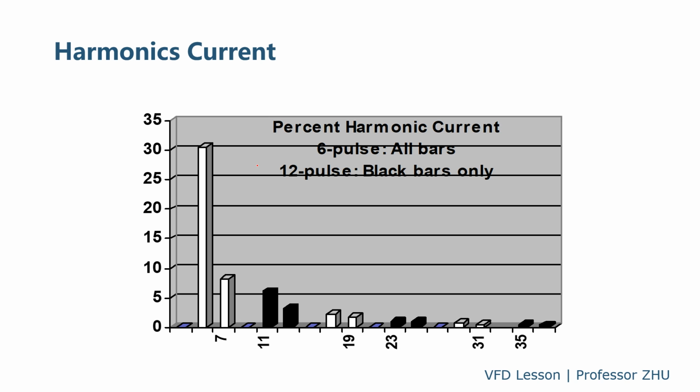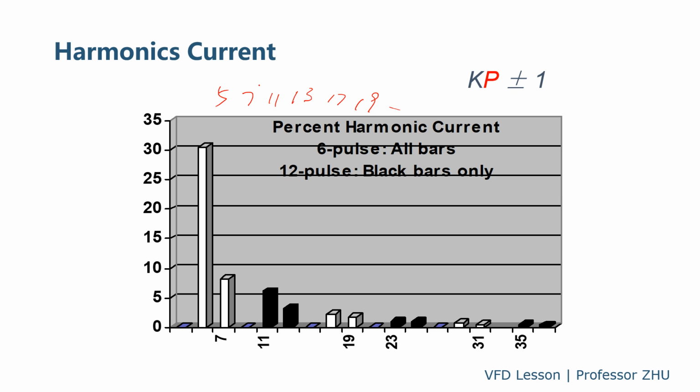We can see the harmonic bars of the 6-pulse and 12-pulse. For example, for the 6-pulse rectifier, the harmonics will be the 5, 7, 11, 13, 17, 19, and so on.